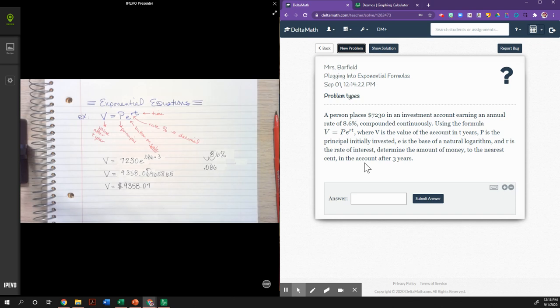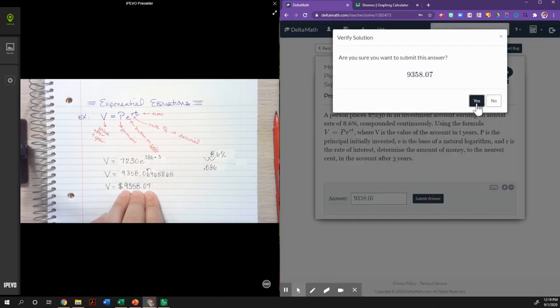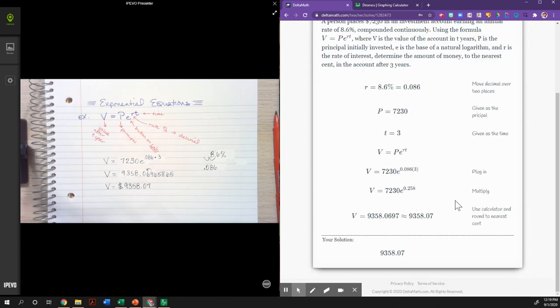You've just gone to the bank, dropped off the money, given them $7,230. For 3 years, you come back and you cash out, and this is what you'll leave with. 9,358.07. Submit. Yes, we got our green check.